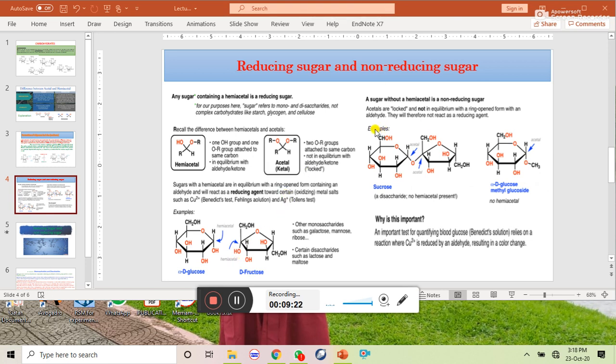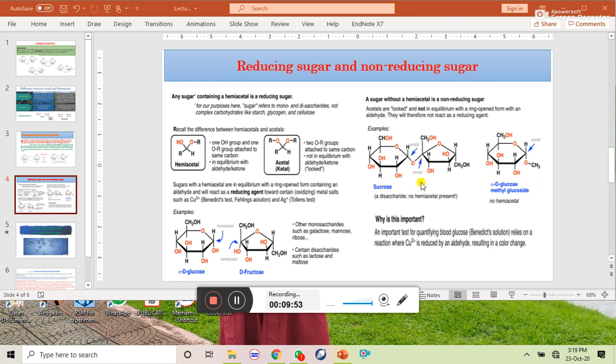If we see the example of a non-reducing sugar, a sugar without hemiacetal is a non-reducing sugar. It means if a sugar is without a hemiacetal group, it is termed a non-reducing sugar.